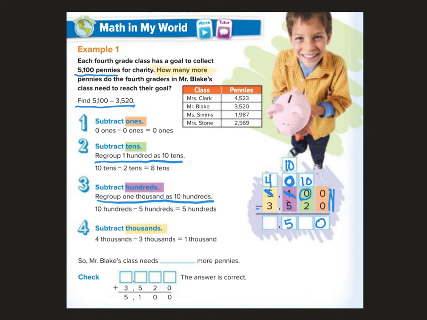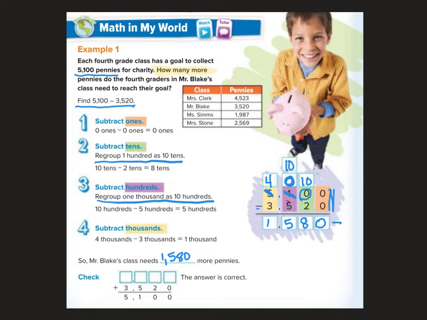Oops, I forgot to subtract my tens place. 10 minus 2 is 8 tens. Now I need to do my thousands. 4 thousands minus 3 thousands is 1,000. So Mr. Blake's class needs 1,580 more pennies.